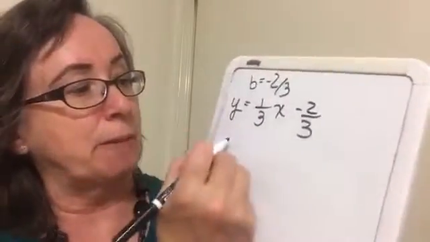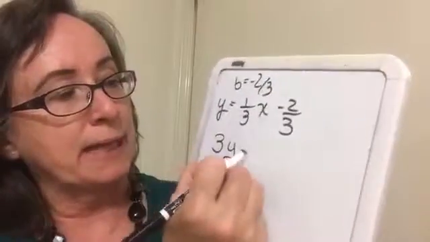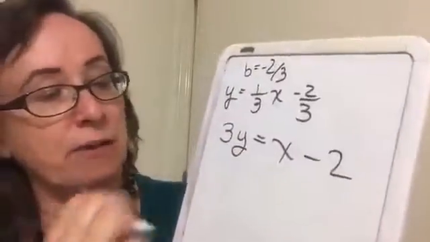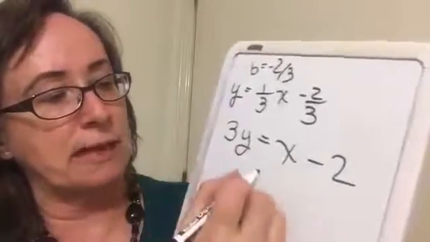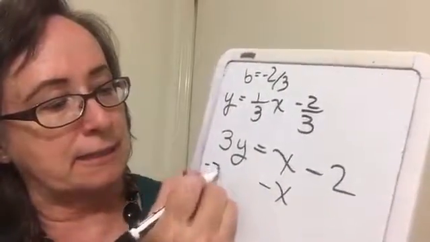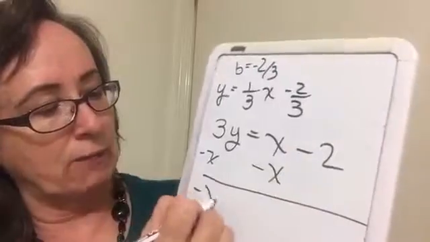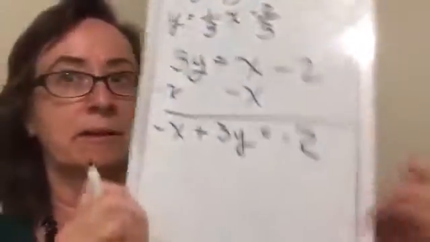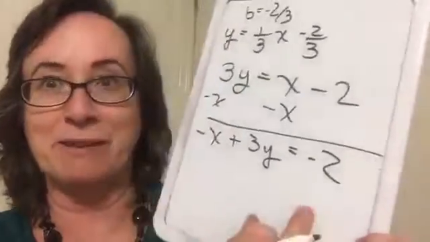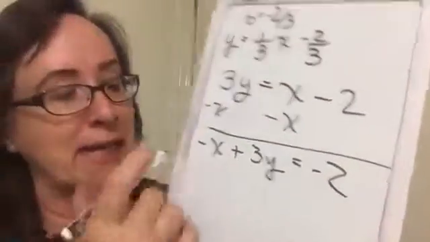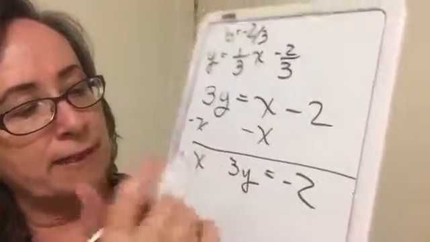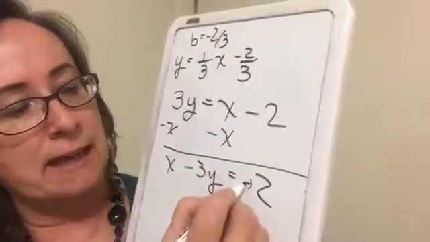So if I multiply everything by 3, I get 3y is x minus 2. Standard form has this x on the other side, so I have to subtract the x. So now I have -x plus 3y is -2. But now I have to multiply everything by a negative because we can't have a negative on the front, which changes this sign to positive, this sign to negative, and this sign to positive.